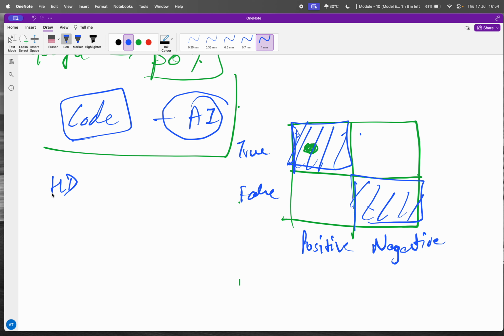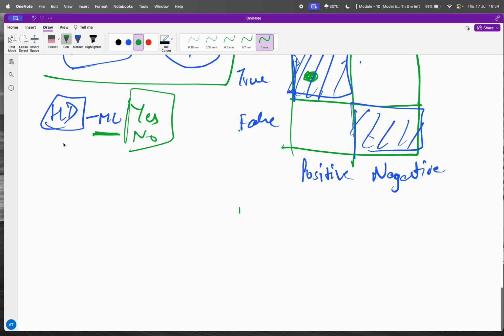So let's say the heart disease model that we have trained right now. We have trained a machine learning model to predict yes and no. Right now we'll talk about binary class, then we'll go for multi-class.